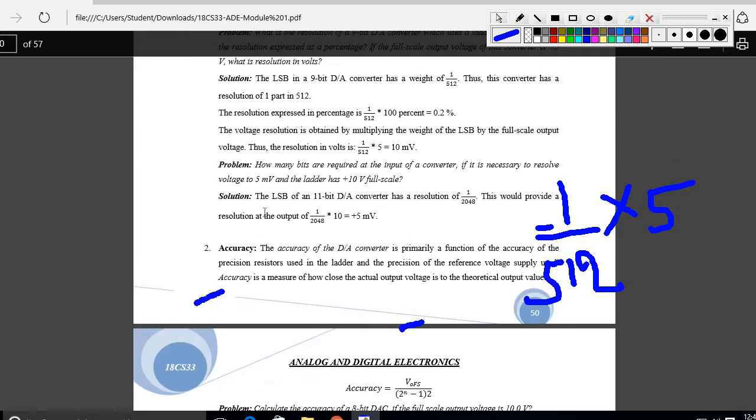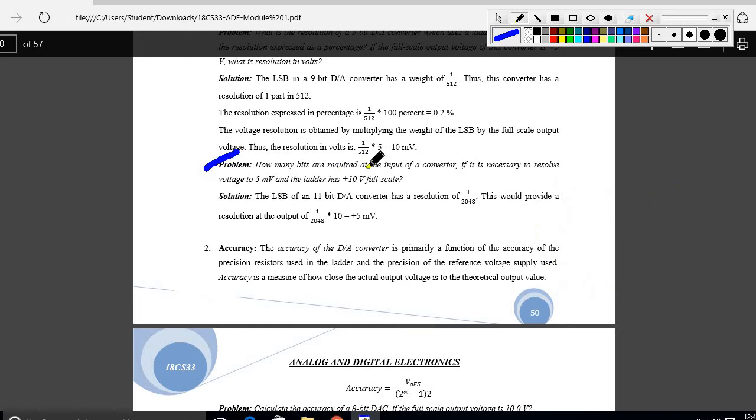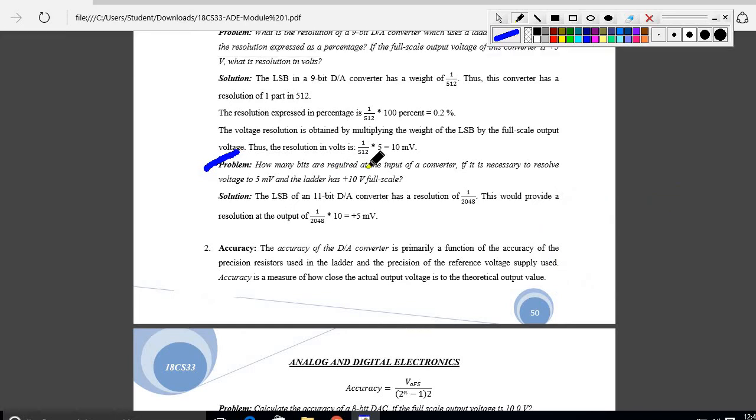Next problem. Here he is asking how many bits are required at the input of the converter if it is necessary to resolve voltage to 5 millivolt and the ladder has a 10 volt full scale. He has mentioned a full scale voltage of 10 volts, but he has not mentioned the bit size of the DAC converter. He has directly mentioned the resolution, 5 millivolt.